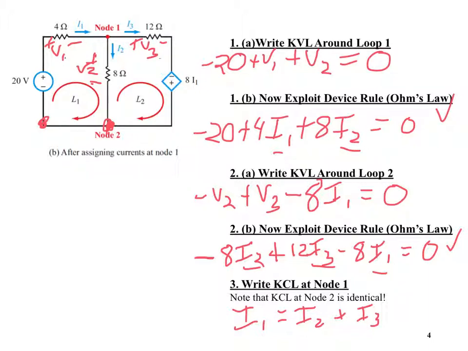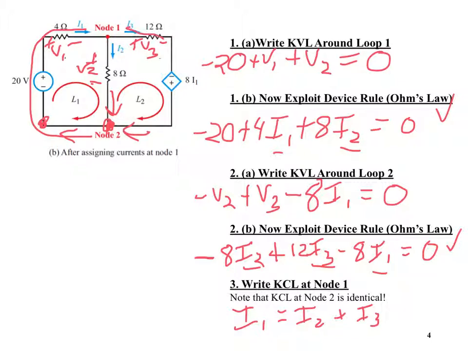And notice that I'm saying here that KCL at node 2 is going to be exactly the same. Notice that if we trace I1 here, we can trace it all the way back over to here. So I1 is actually coming out of node 2. I2 is going into node 2, and I3 is going into node 2.